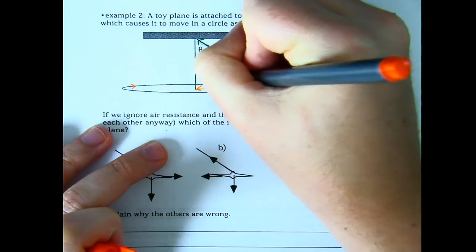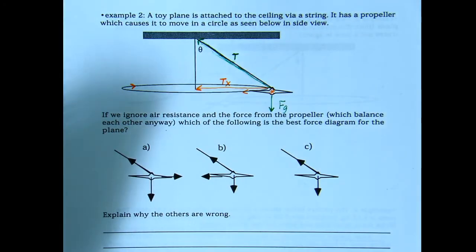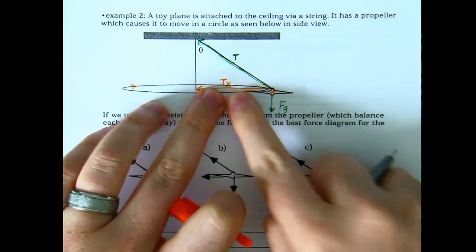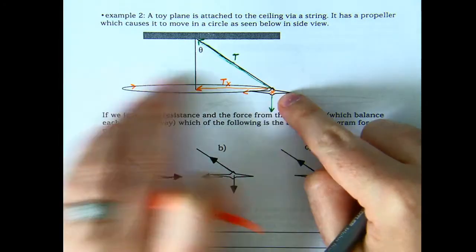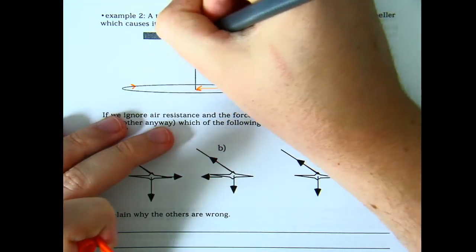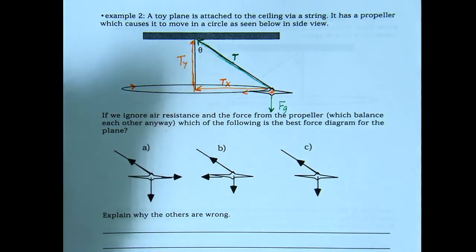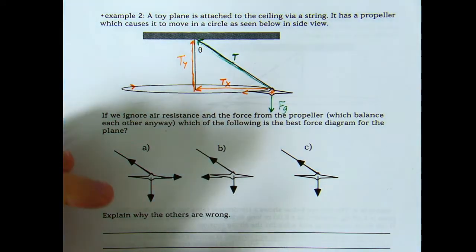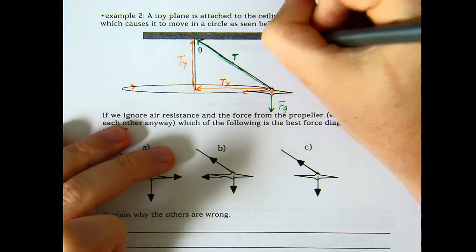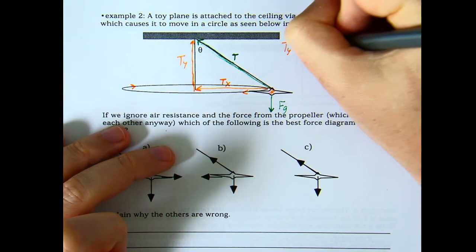I'll call it Tx. And it's this component of tension that's actually dragging the plane in, keeping it in a circle. And then we've got Ty here. And that's the component of tension that's preventing the plane from falling to the ground. And so we've got a few things that we know are true here. We know that Ty equals Fg.